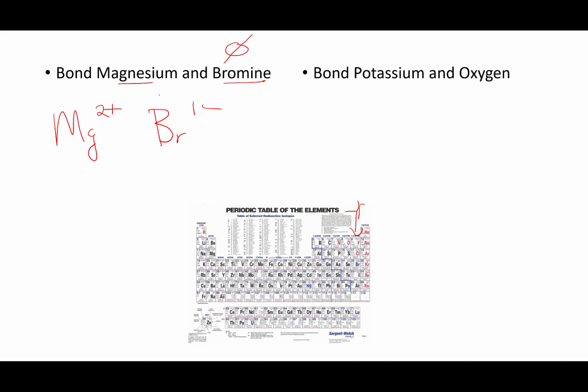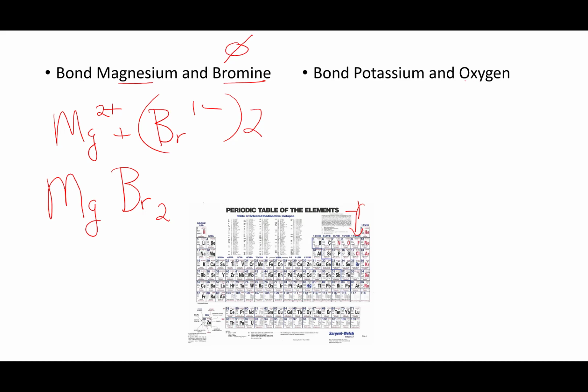And so how many bromines would you need? You'd need 2 bromines to react with the magnesium. And how we write this in chemistry is 1 magnesium and 2 bromines. We write that with a subscript. The subscript would indicate 2 bromines. And that's how we'd write that one.